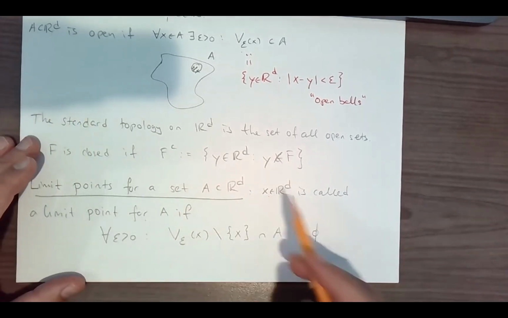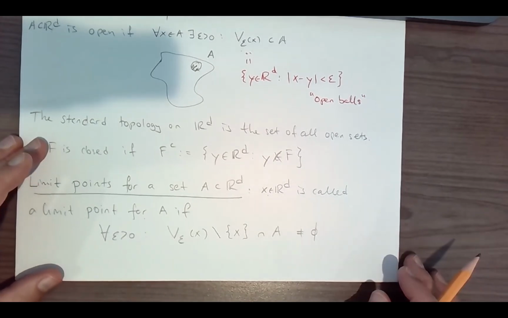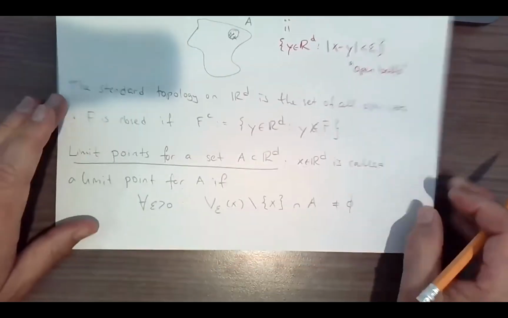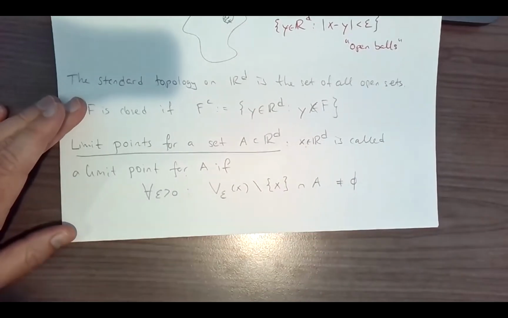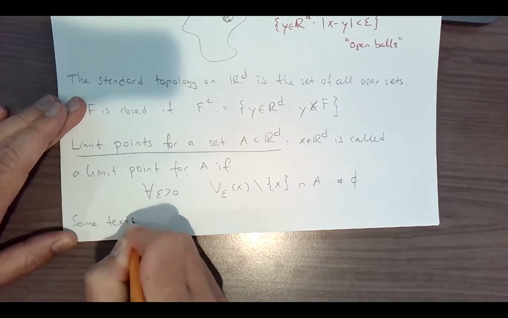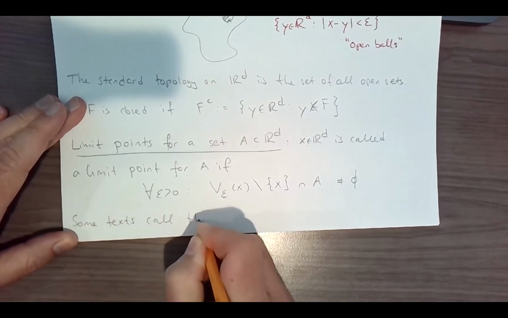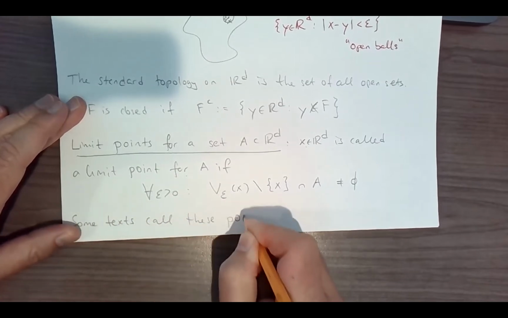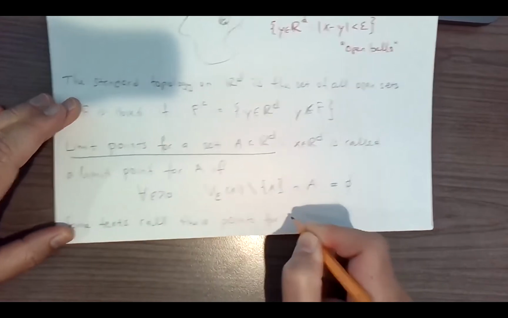If that's the case, I'm going to call this point X a limit point. Some texts call these points accumulation points.